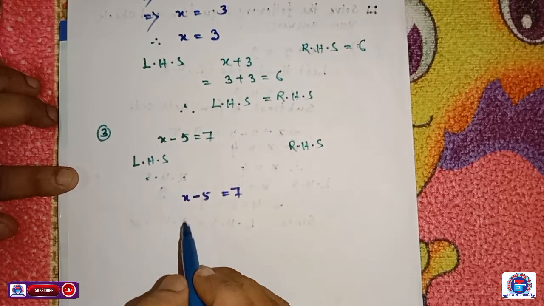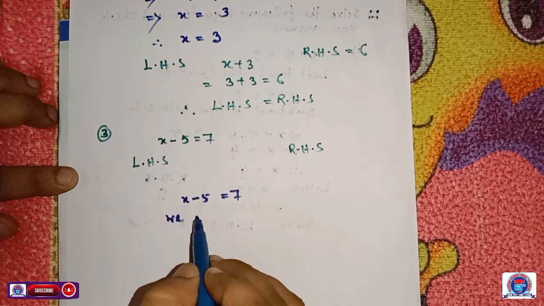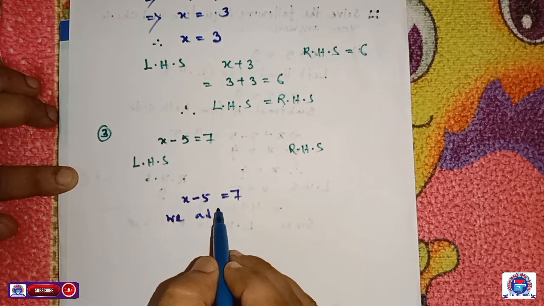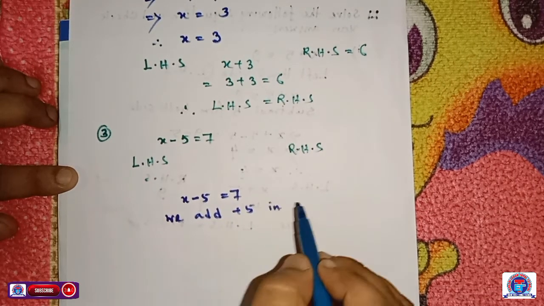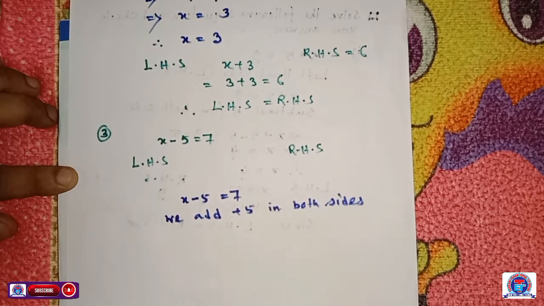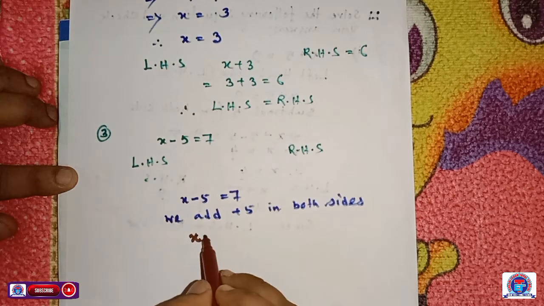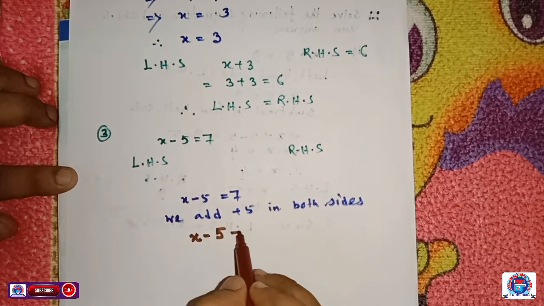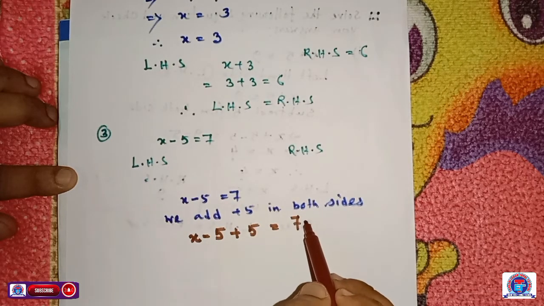Same, so we add plus 5 in both sides. Correct? So what we will get? We will get x minus 5 plus 5 is equal to 7 plus 5.